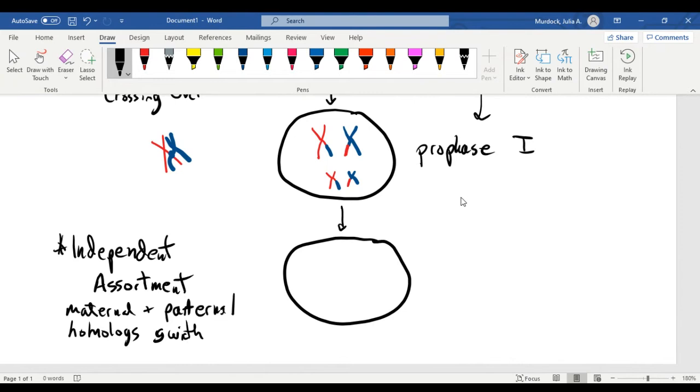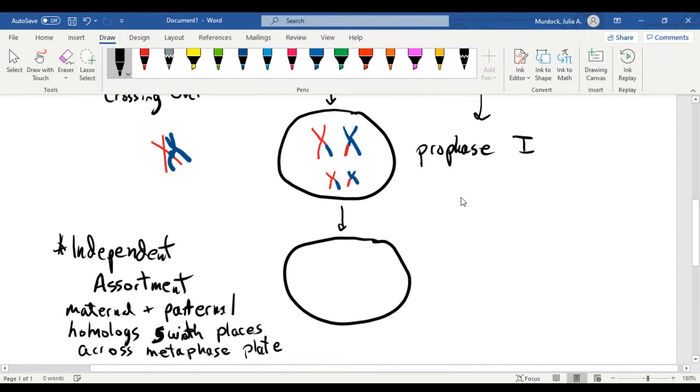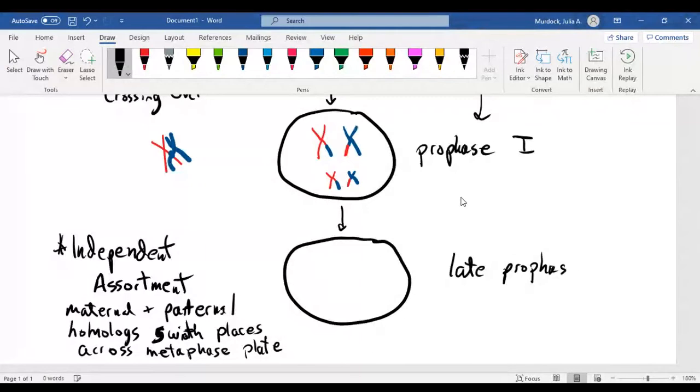Switch places. Oh my gosh, I'm sorry. It is so late in the day and I'm tired. Switch places across the, well, what you would call the metaphase plate, even though we're not in metaphase yet. This has to happen before the spindle fibers get involved, or it can't happen, right? We're still in late prophase, even pro-metaphase here.